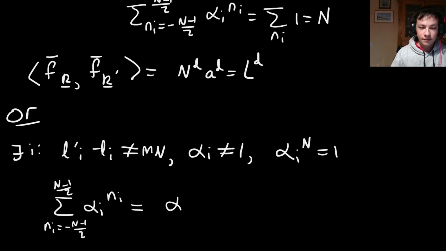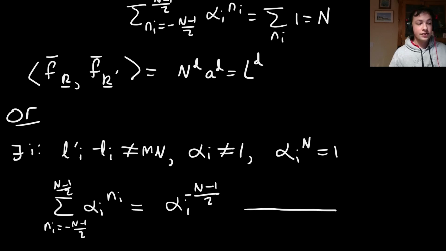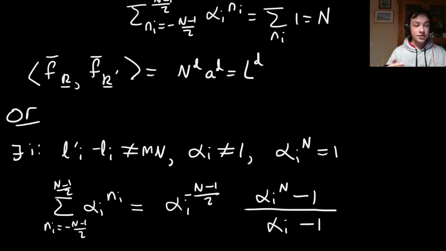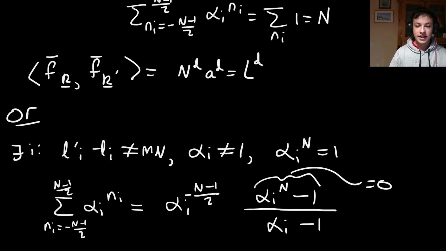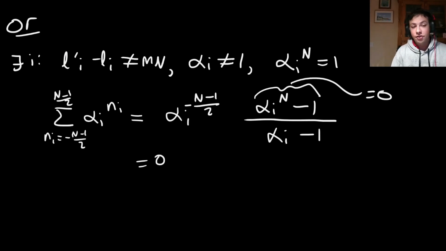So we do the first term, alpha i to the minus n minus 1 over 2, and then multiply by the geometric ratio to the power of n, minus 1, and divide by the ratio minus 1. And this thing on top is equal to 0, and so this whole thing is 0 for that i, and so the entire dot product is 0.